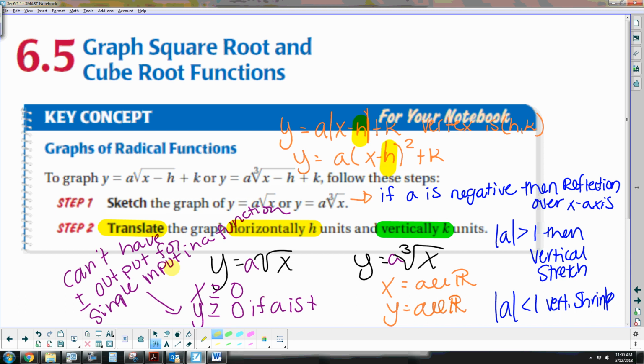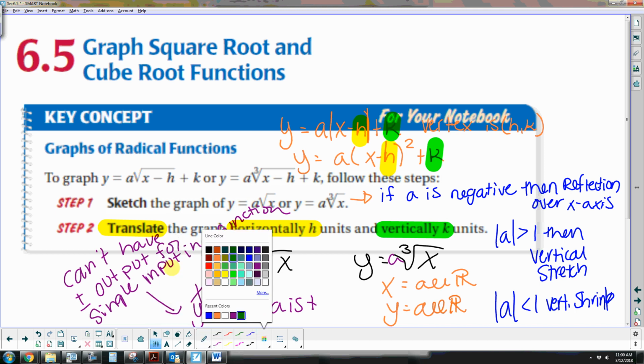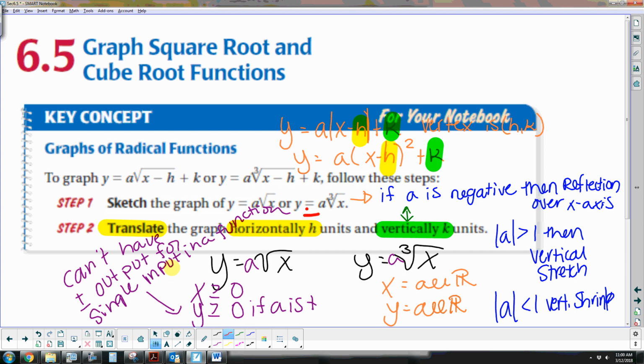H is your horizontal translation, and k is your vertical translation. Your vertical translation is up or down, and your horizontal translation is left or right. So let's look at a couple examples.